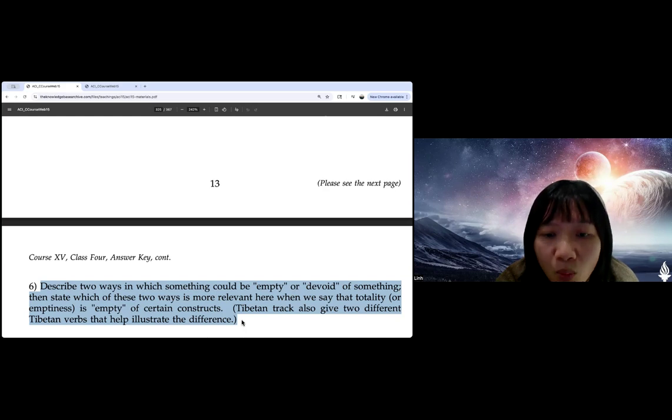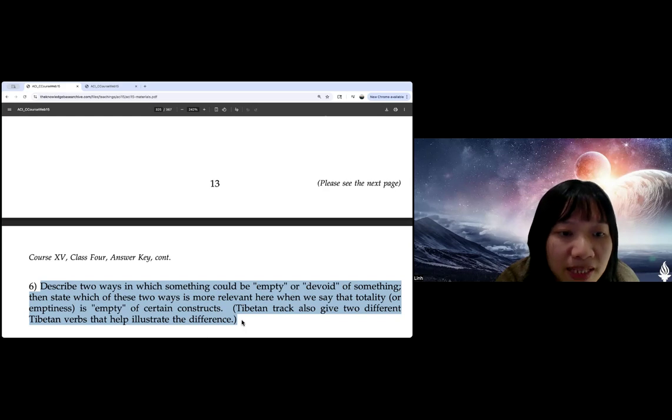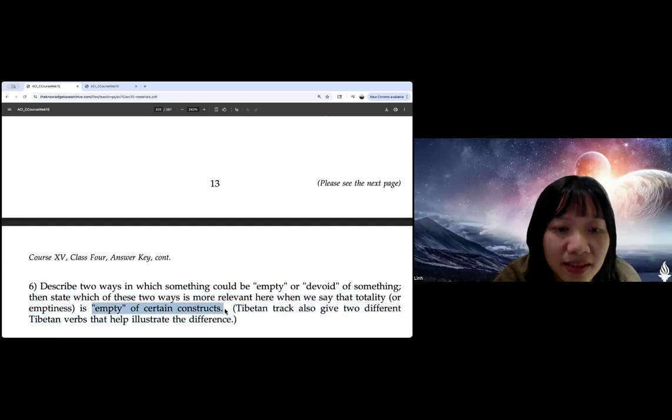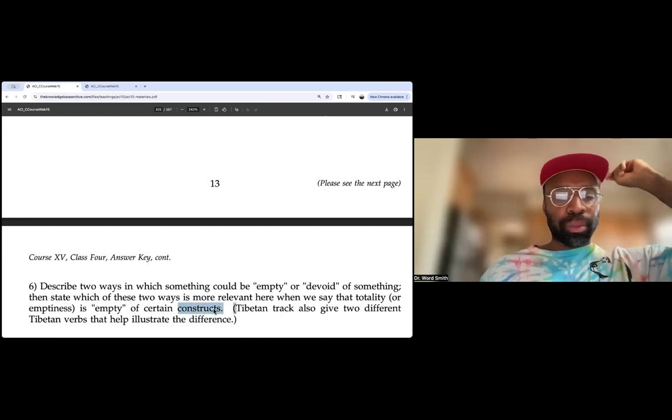Here, when we say that totality, or emptiness, is empty of certain constructs. Good. Very good. And good emphasis on constructs.